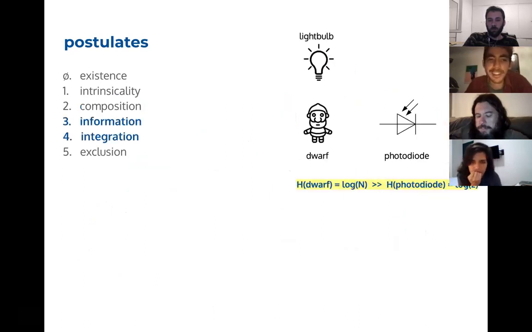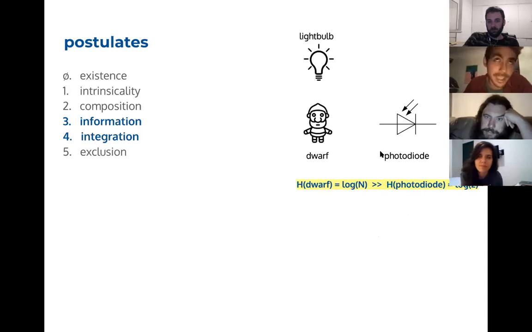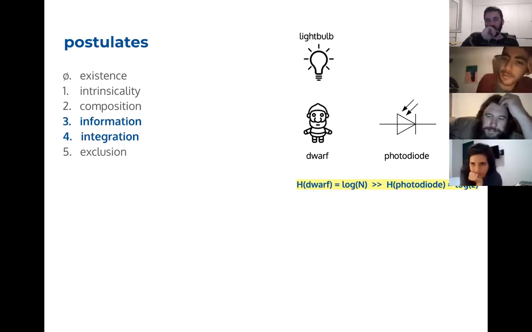So yeah, this is the classic, original IIT way to explain integrated information. It would talk a lot about photodiodes; the whole beginning of IIT is about photodiodes. So you would ask, okay, what's the difference between someone that looks at the light and a photodiode? Both are able to tell the difference between a dark and a bright room.